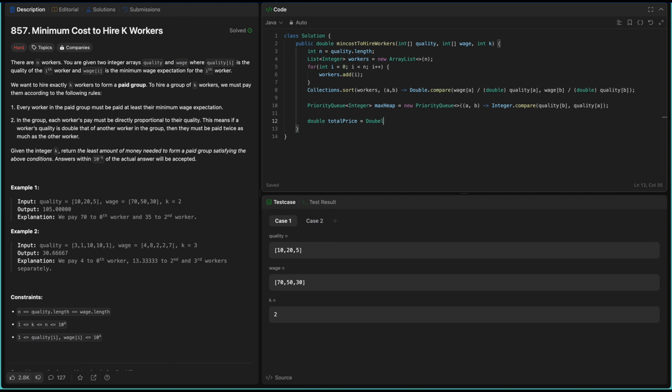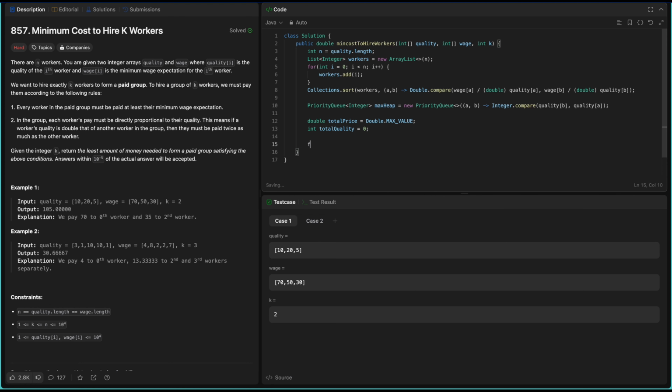And we can set it to double dot max value, because we want to return the minimum value here. And we will also need total quantity. Oh sorry, not quantity, quality that we want to get from the workers, or in terms of banana, it will actually be quantity. So it will be 0 in this case.